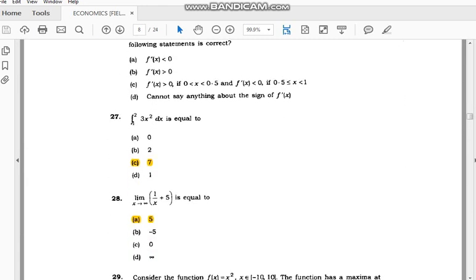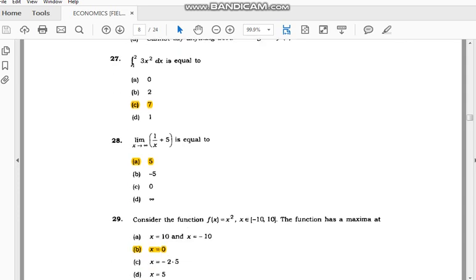Next is the integral from 1 to 2 of 3x square dx, a definite integral kind of problem. So by putting in the formula, we have to find the integration of 3x square. It would be 3x cube by 3, the 3 will be cancelled out, and x cube from 1 to 2 gives 2 cube minus 1, so 2 cube is equal to 8 minus 1, which is equal to 7. Then the limit as x tends to infinity of 1 by x plus 5 has been asked here.